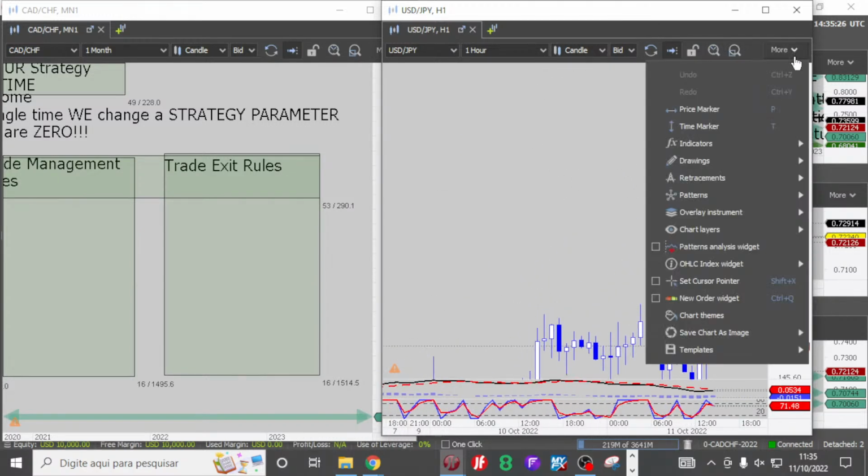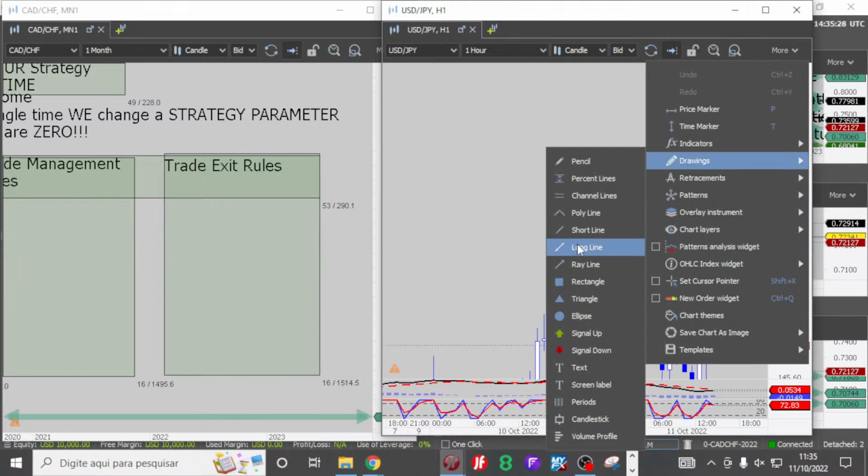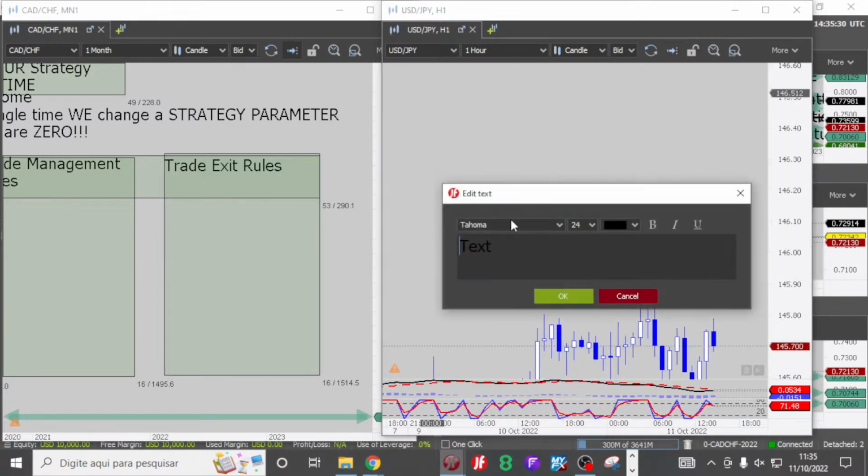Okay, so talking about the strategy. Number one, define what patterns you are going to trade. You can choose between monthly, weekly, daily.